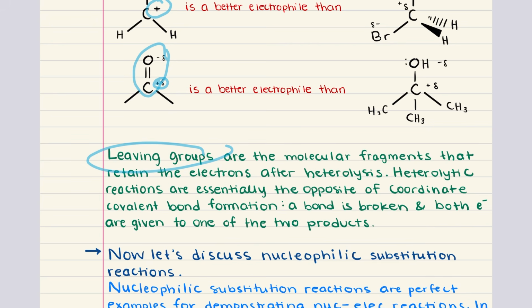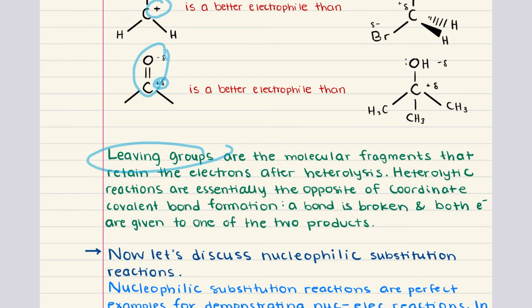For example, alkyl halides are good electrophiles because halides are stable after leaving. On the other hand, species like alcohols or amines are weaker electrophiles because their leaving groups are less stable, and that makes substitution reactions less favorable.